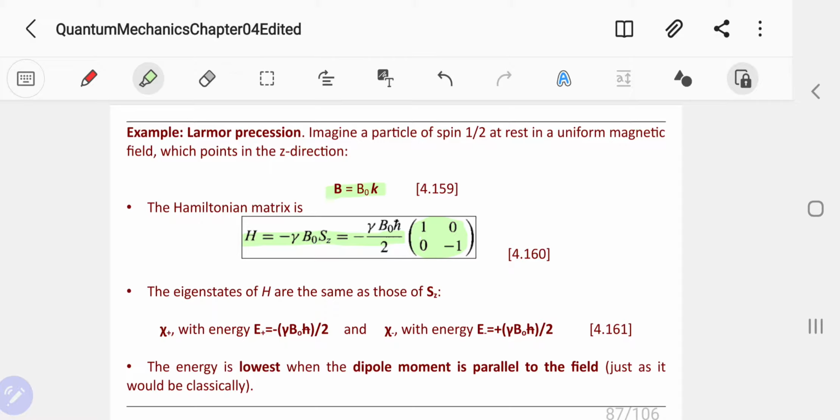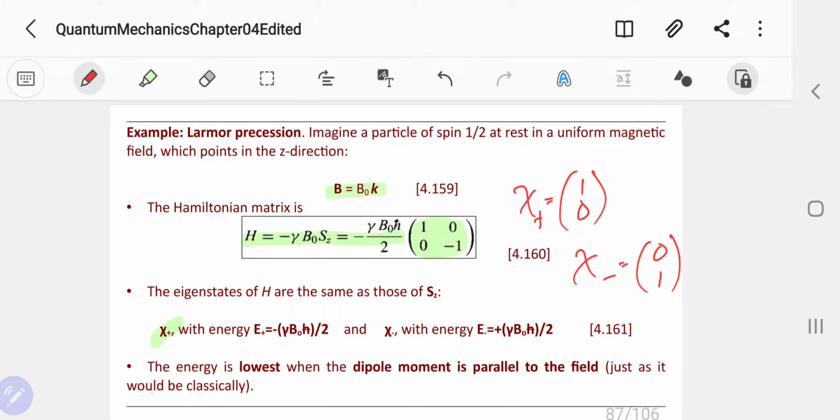So if you solve for the eigenvalues and also the eigenstates, we have actually solved that in the previous video. Chi plus is just equal to 1, 0, and chi minus is equal to 0, 1.